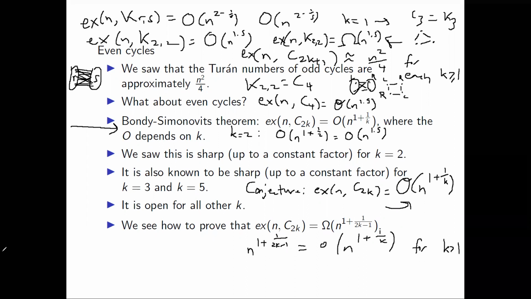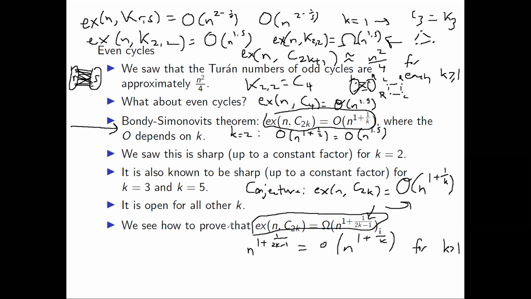So as long as k is at least 2, n to the 1 plus 1 over 2k minus 1 is little o of n to the 1 plus 1 over k. So this general lower bound is far off from the upper bound from the Bondy-Simonovits theorem when k is greater than 1. But it does have some dependence on k. So it's a non-trivial lower bound.